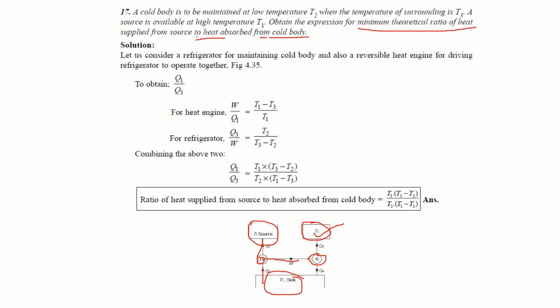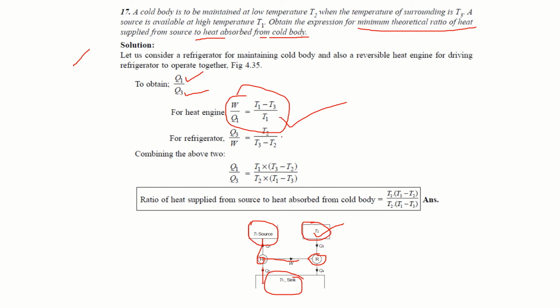Heat supplied from source Q1, from cold body Q3, the ratio. So for heat engine, W by Q1, W is nothing but Q1 minus Q2, is nothing but T1 minus T3 divided by T1, efficiency of heat engine.